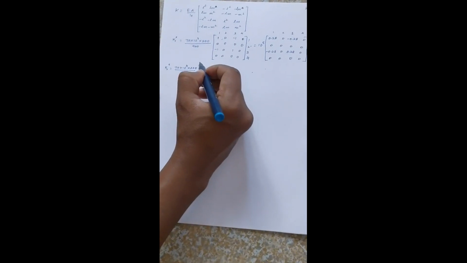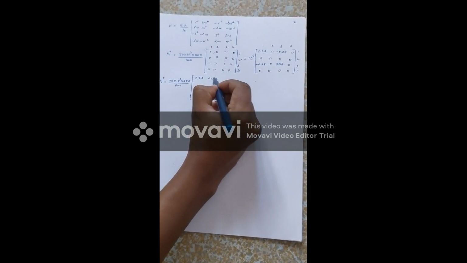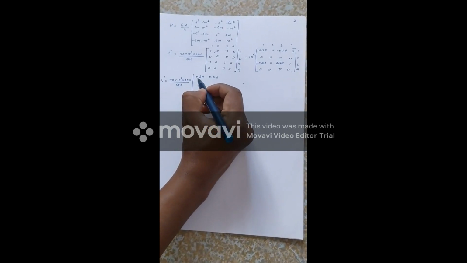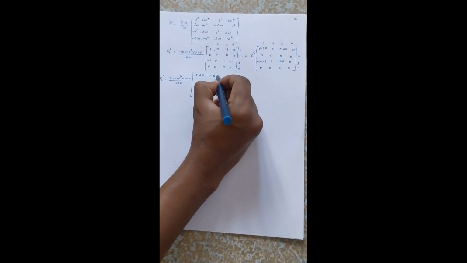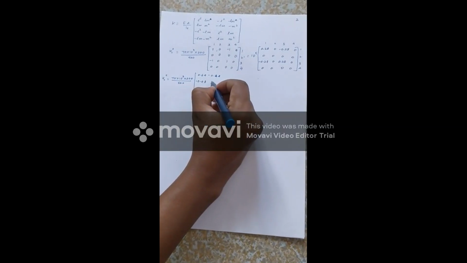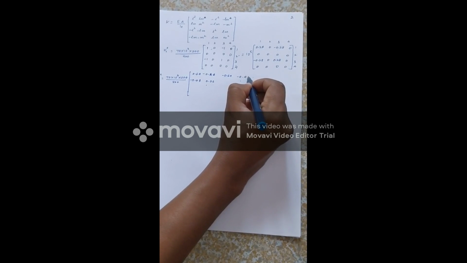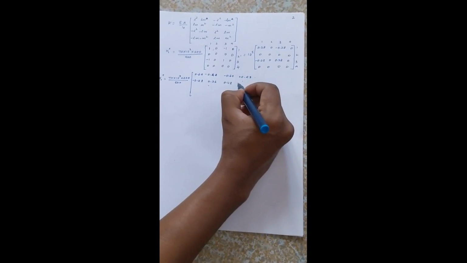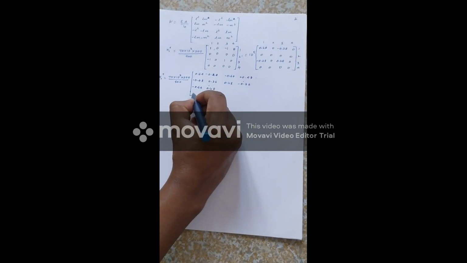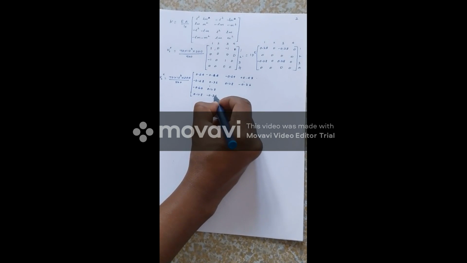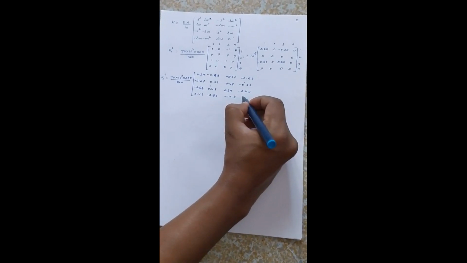Now L square is 0.64, M square is 0.36, LM is minus 0.48, and M square is 0.36, so this will be 0.64, minus 0.48, minus 0.64, 0.48; minus 0.48, 0.36, 0.48, minus 0.36; minus 0.64, 0.48, 0.64, minus 0.48; 0.48, minus 0.36, minus 0.48, 0.36.